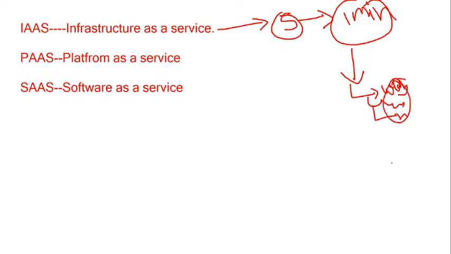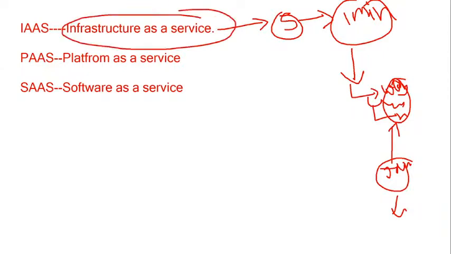On top of it, host your Java application. That should be managed by yourself. The cloud vendor just provides the virtual machines, and the remaining management should be taken care of by yourself. Why? Because the application is yours, so management is yours. That is infrastructure as a service.